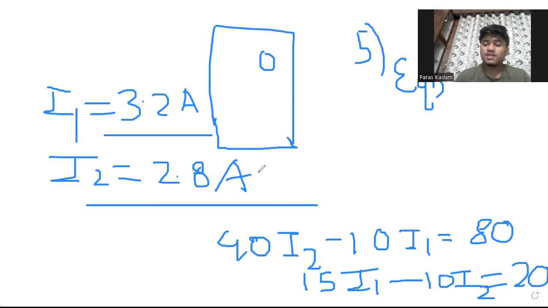But in case we are getting three meshes, then we have to solve by the determinant method, that is by using Cramer's rule. In the next example we will solve by Cramer's rule.